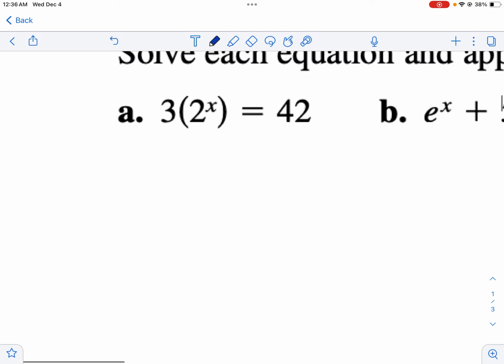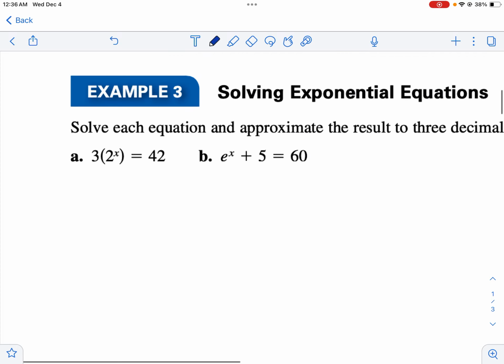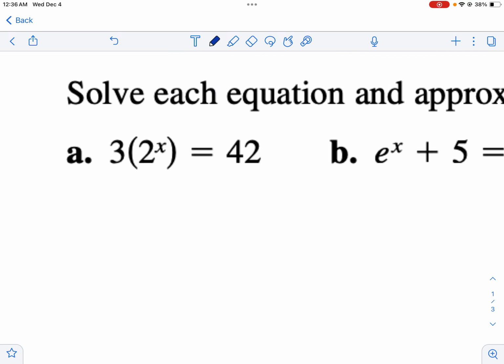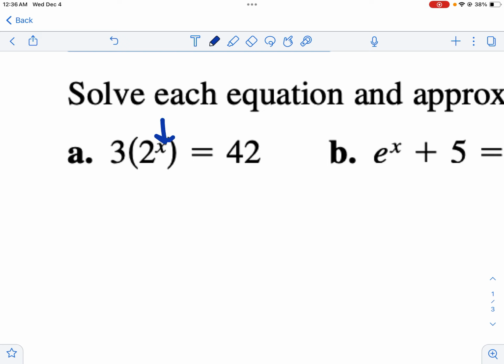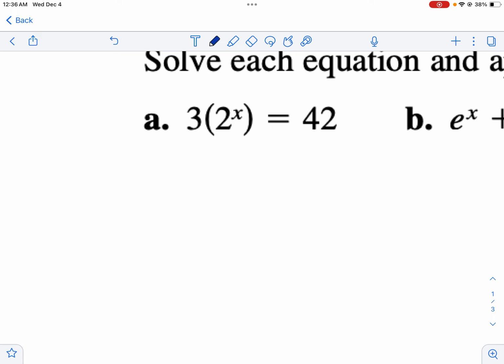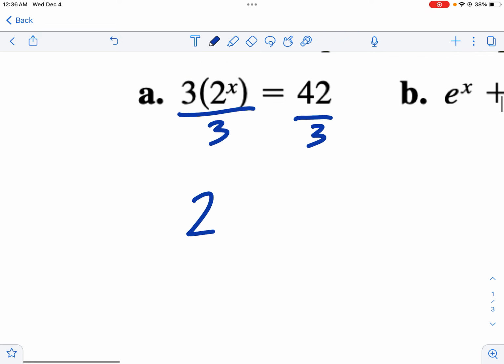So to go from there, here we're solving exponential equations. So the x is an exponent. Okay. So we got to work our way in. So imagine that the parentheses is kind of like a barrier. You can't get there. So let's divide by 3. Let's get rid of that 3 first. 2^x is equal to 14.